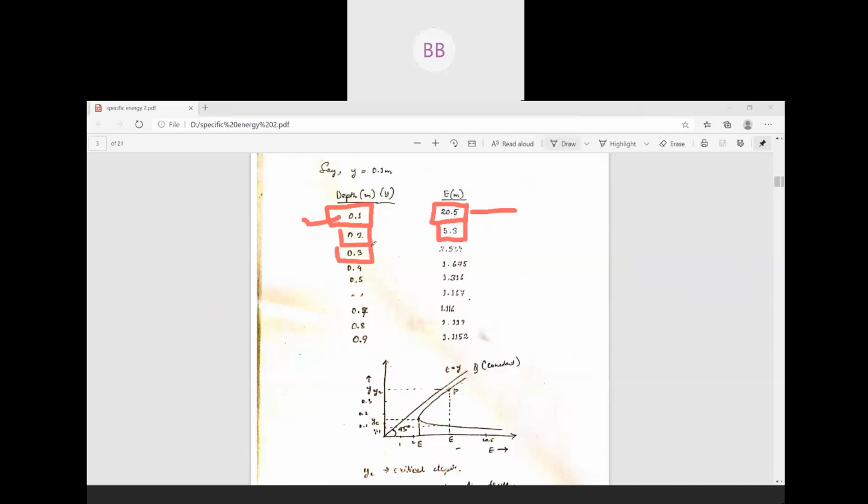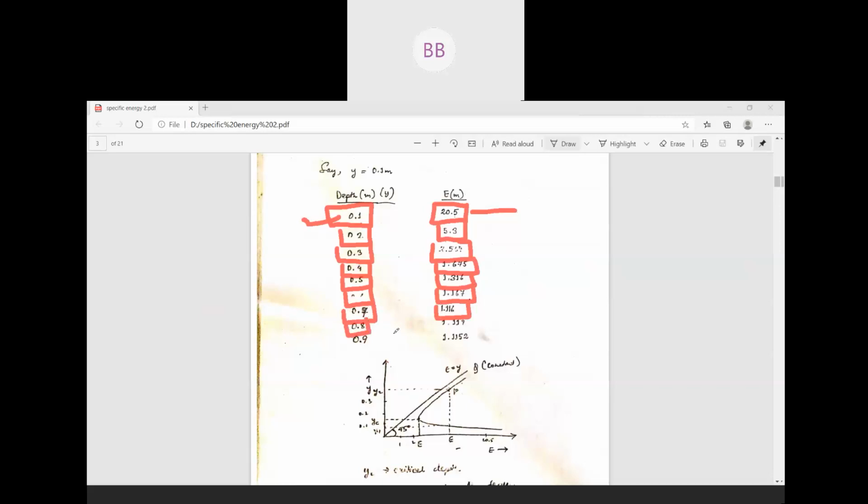Again you increase, again it reduces. At 0.6, again it reduced. At 0.7, again reduced.